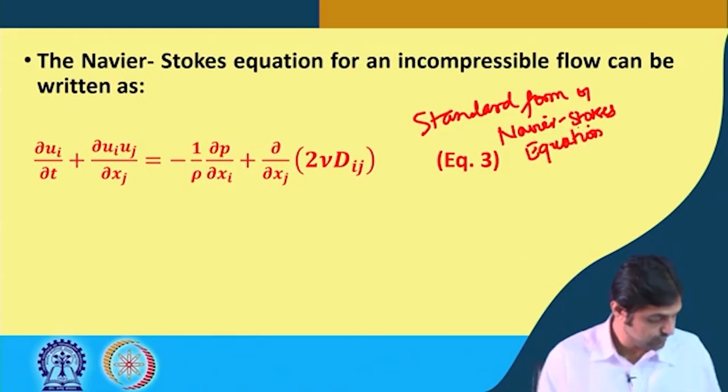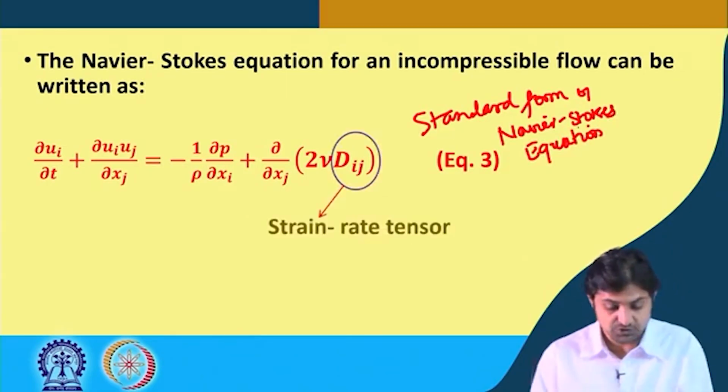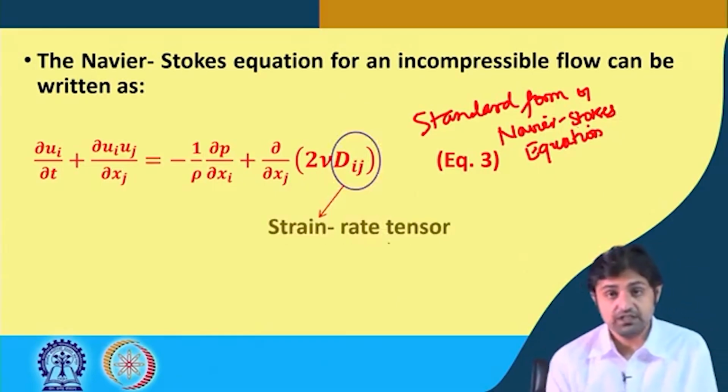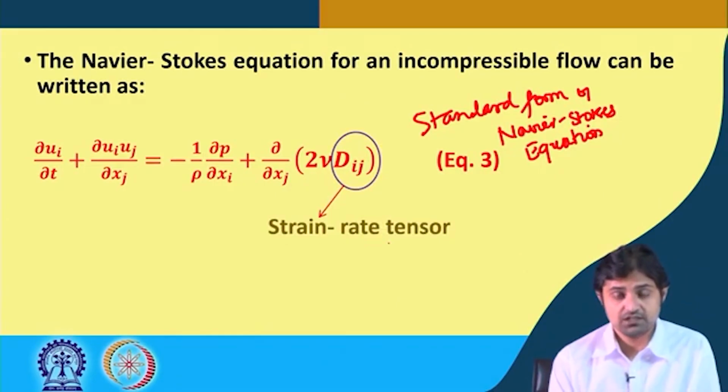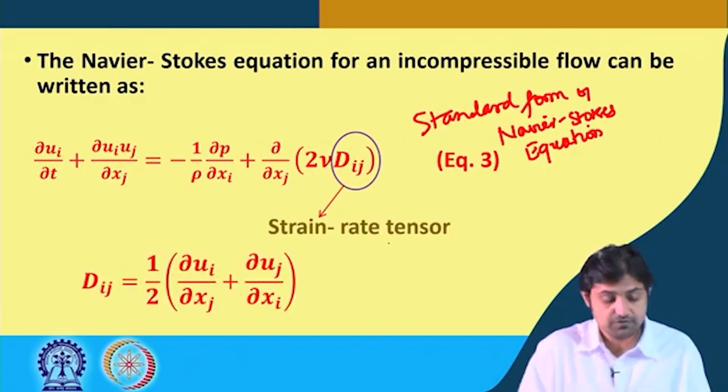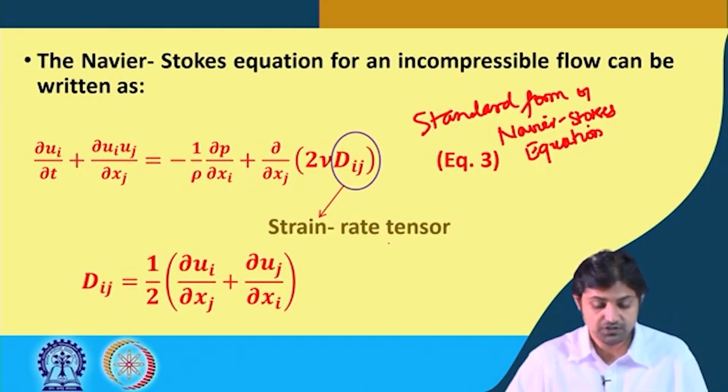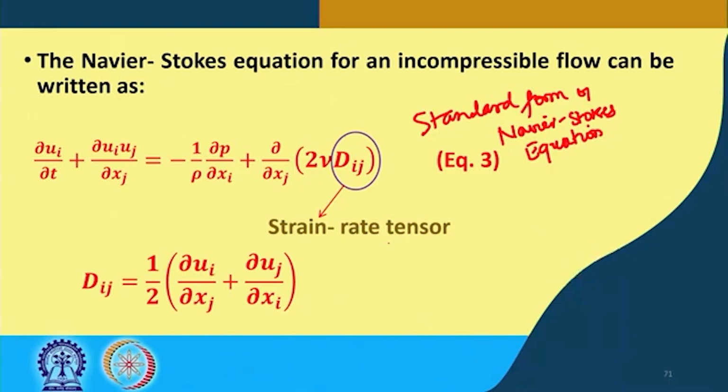So Dij here is the strain rate tensor, which we have seen in the last lecture in our viscous fluid flow, where Dij is written as half of del ui by del xj plus del uj by del xi. I think this is not a problem because we have derived it.